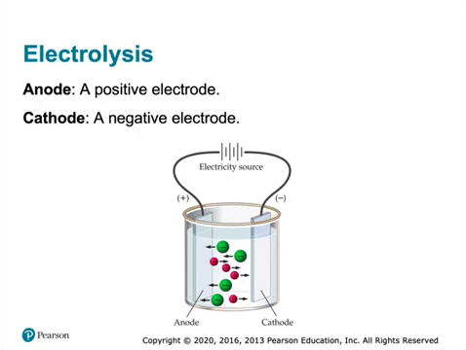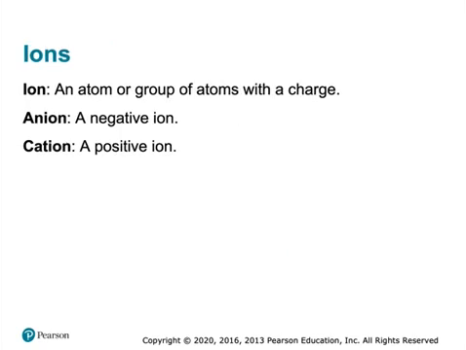Ions. So an atom by definition is neutral, and an ion is a, in air quotes, charged atom. You do this by electrons. So an anion is a negative ion.